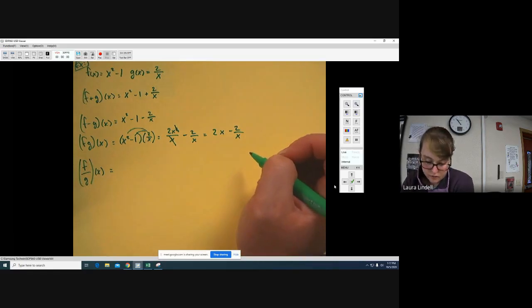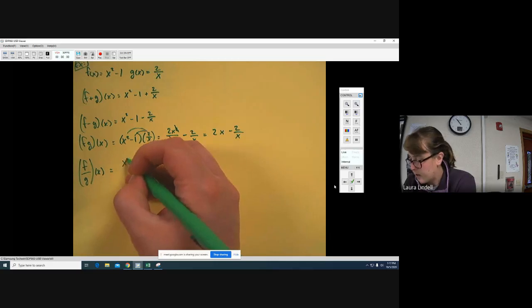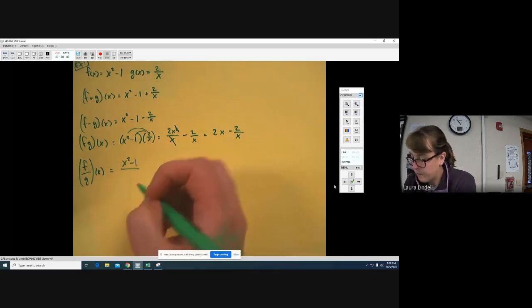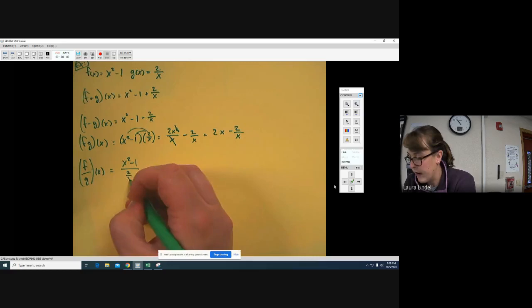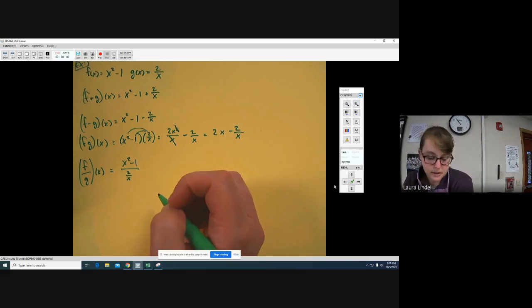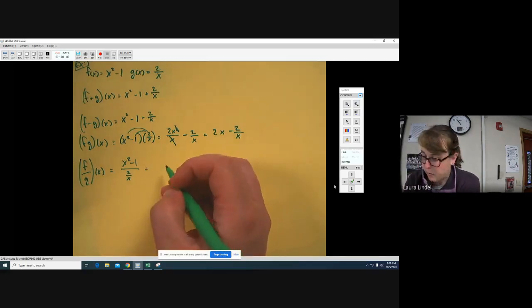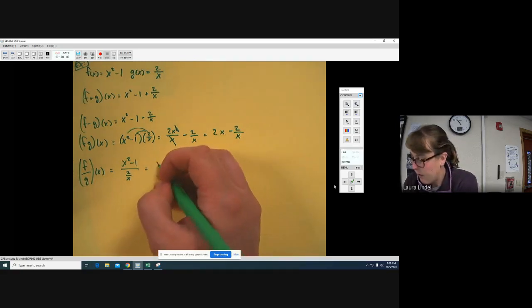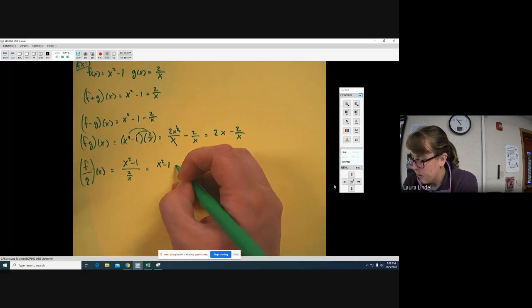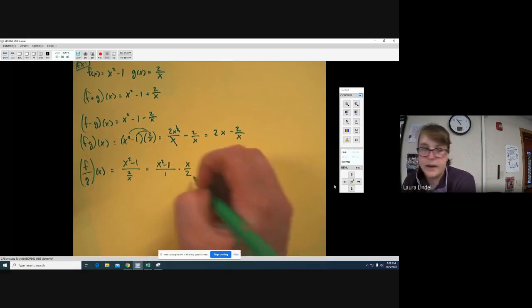And then f over g of x can also be simplified, because we'll end up with x squared minus 1 on the top, and then a fraction 2 over x on the bottom. And since we don't want to leave a fraction in the denominator of another fraction, because that looks messy, what we're going to do is when you divide by a fraction, you flip and multiply, right? So x squared minus 1 over 1 times x over 2.